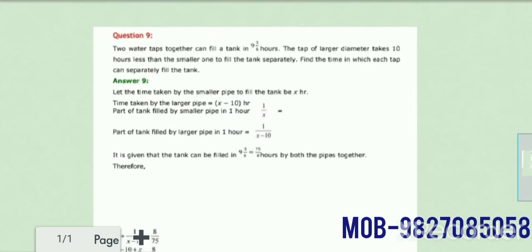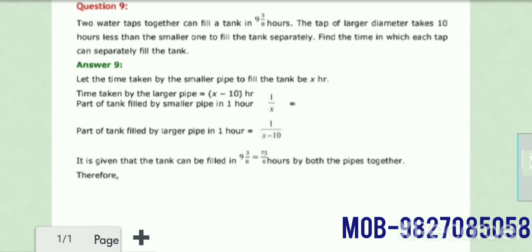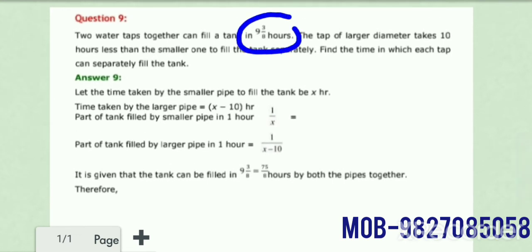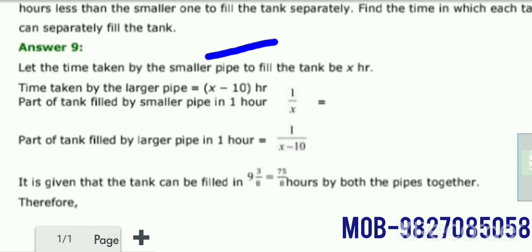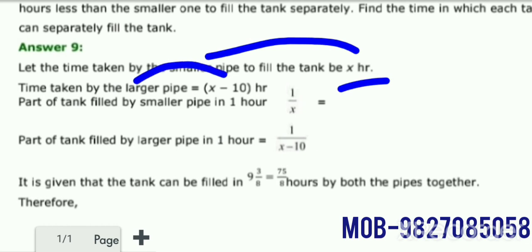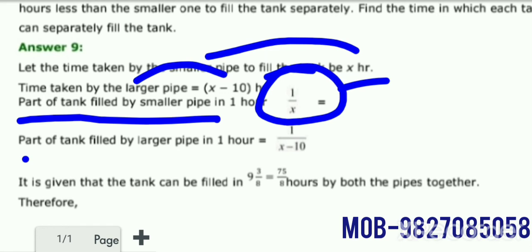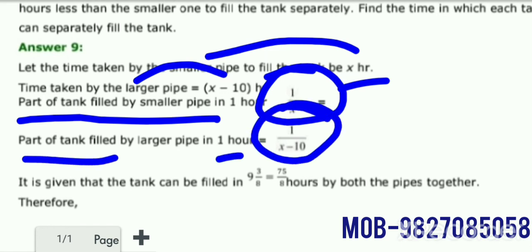Two water taps. Here there are two water taps which fill a tank in 9 3/8 hours. The larger diameter tap takes 10 hours less than the smaller one. Okay, so firstly we take the smaller pipe to fill in x hours and the larger pipe in x minus 10 hours. Then the part of the tank filled by the smaller pipe in 1 hour is 1 upon x, and similarly the part of the tank filled by the larger pipe in 1 hour is 1 upon x minus 10.